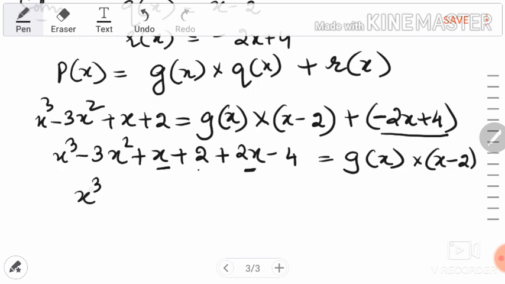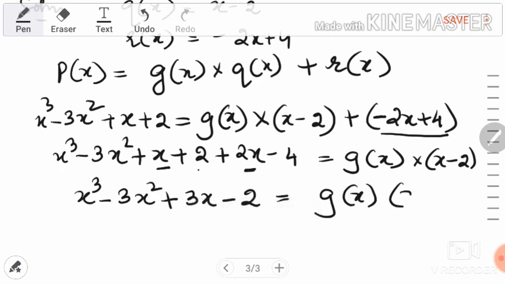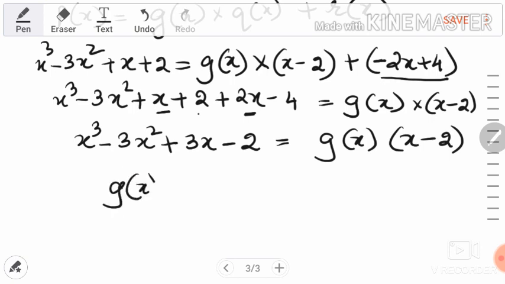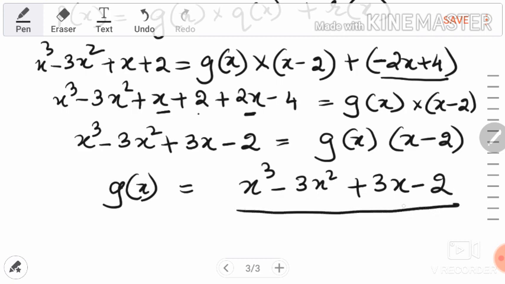So we get x cube minus 3x square plus 3x and 2 minus 4 will be minus 2, equal to g of x into x minus 2. So this implies that g of x will be x cube minus 3x square plus 3x minus 2 divided by x minus 2.